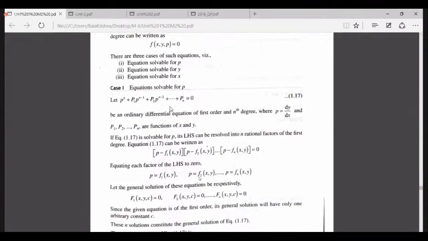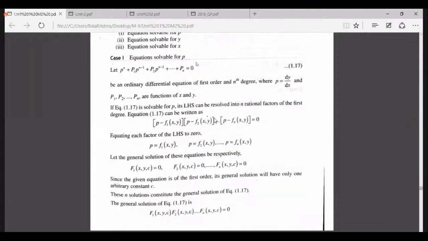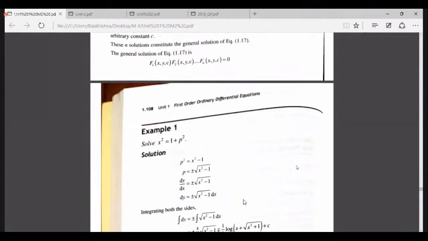Whenever you have a differential equation like this, to solve for p, you have to express it into factors. Try to express this equation in the form of factors and equate to 0, and simplifying that you will get some solutions like this. The collection of all these solutions will be the general solution.